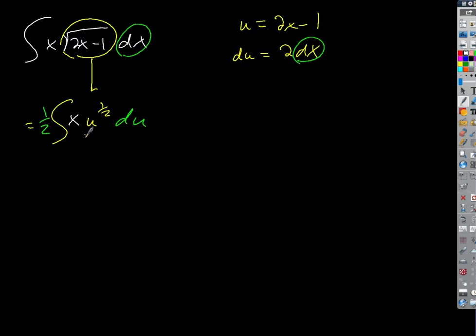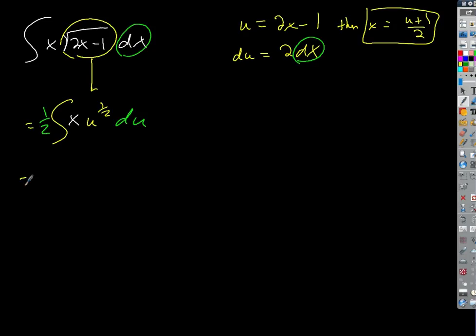What do you think we could do? Use our substitution and solve for x. Yeah, we could go right back up to our substitution rule and solve for x, right? So if u is defined as 2x minus 1, then what's x equal to? u plus 1 over 2. Okay, so we could make that substitution, right?